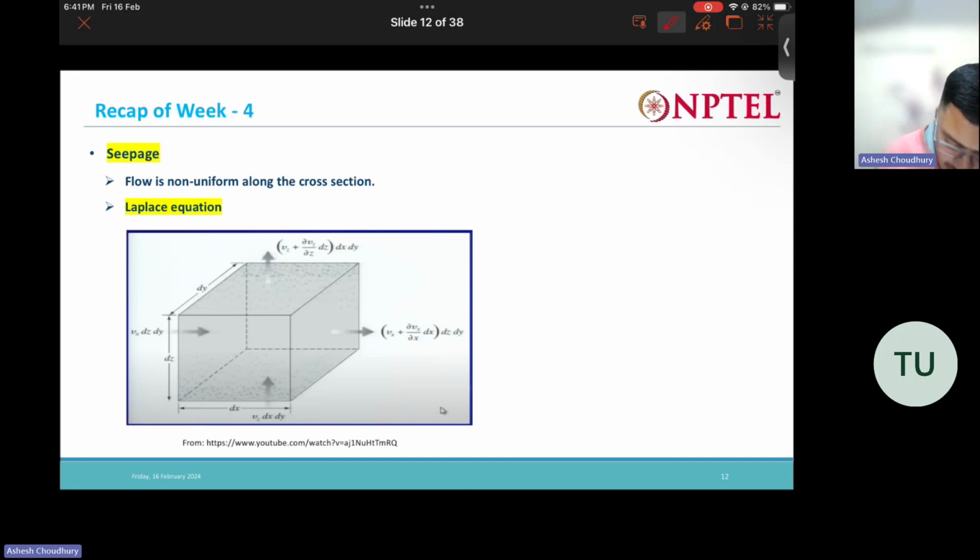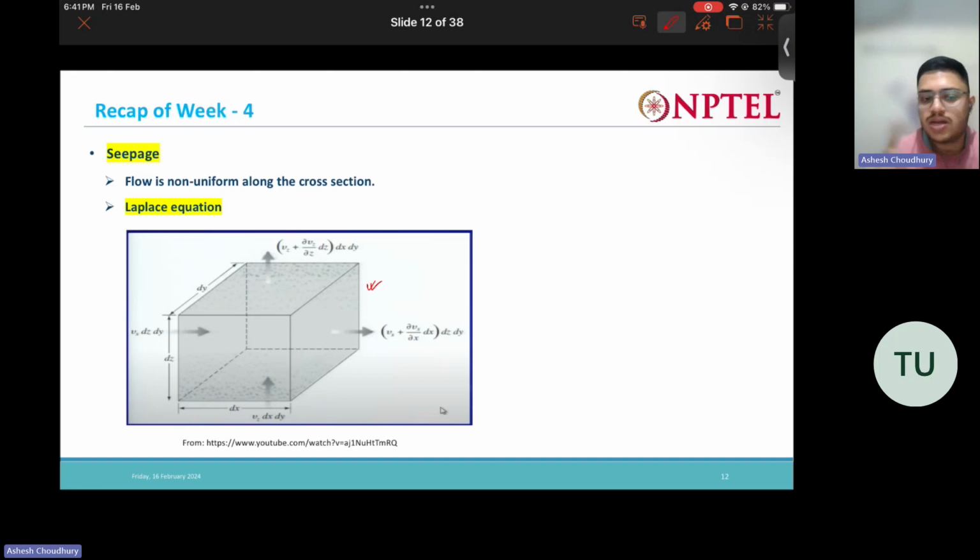So say we have a soil mass. You can see here this is a parallelepiped shaped soil mass. This is an infinitesimally small soil mass that you are considering, with dx length, dz height, and dy as the depth.